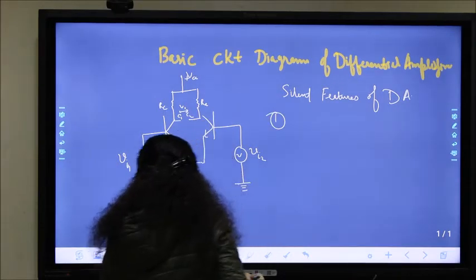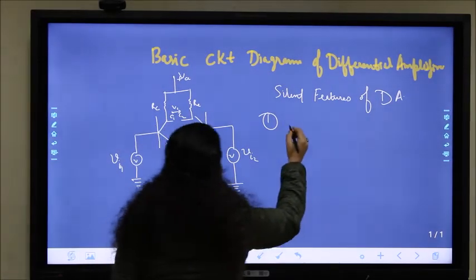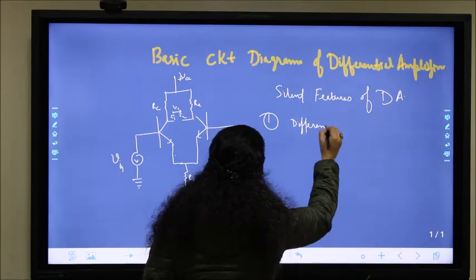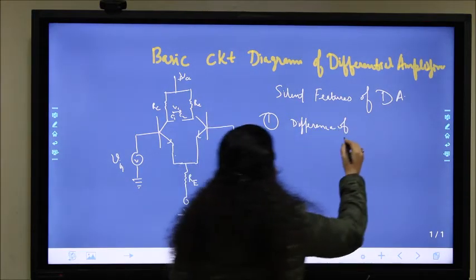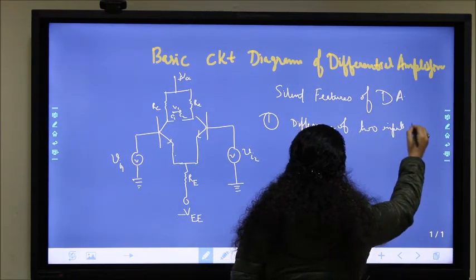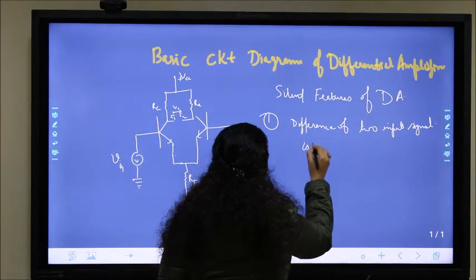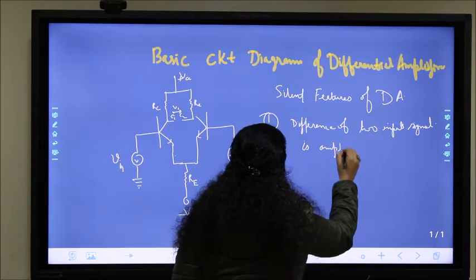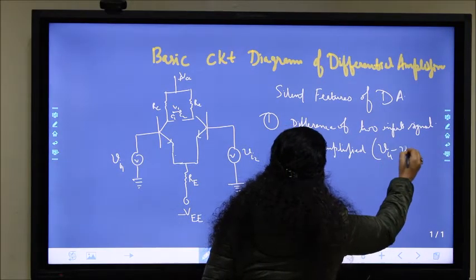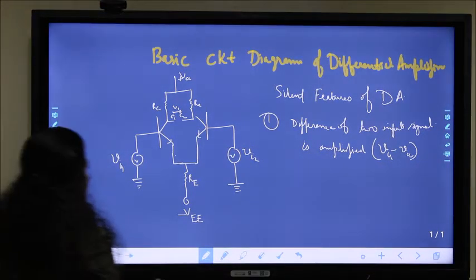The first salient feature is that the difference of two input signals is amplified. That is, difference means Vi1 minus Vi2. The difference of two input signals is amplified.